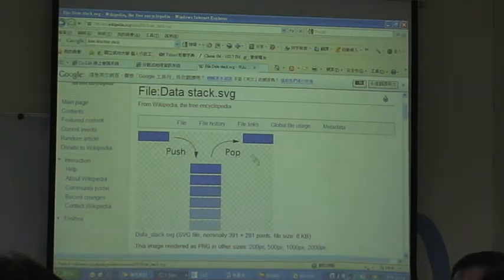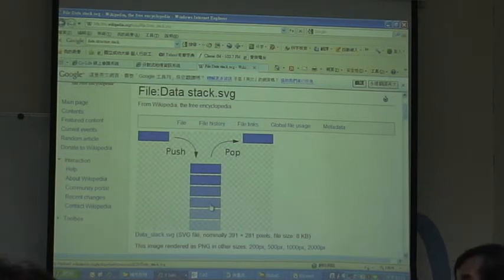Actually, this data structure is very common in computers. In daily life, we don't use it in the same way. But in a restaurant, you do it this way. If you want to simulate or emulate a stack of plates, when you go to the restaurant, there are many plates, and if you put a plate, it will be in this way. You only push the plate on the top, and you always take the plate from the top.